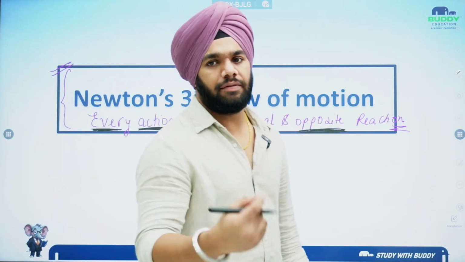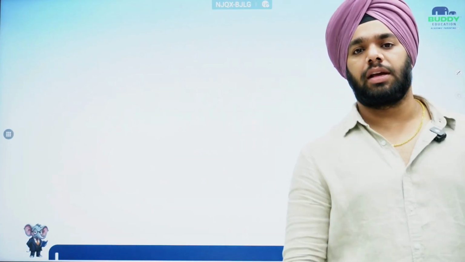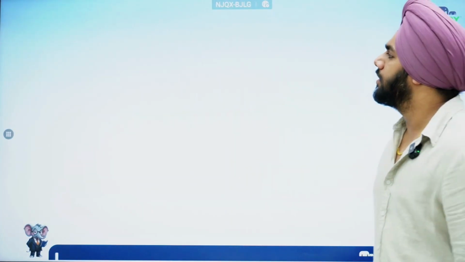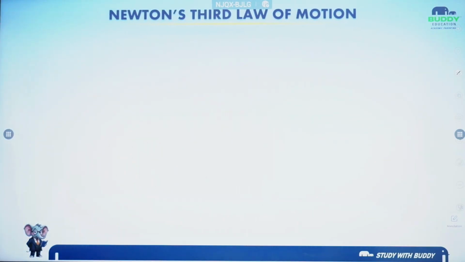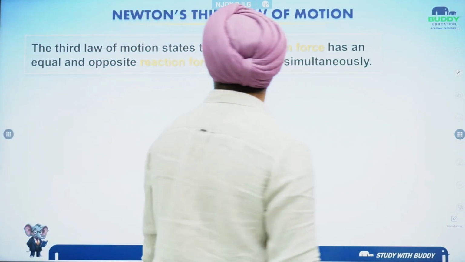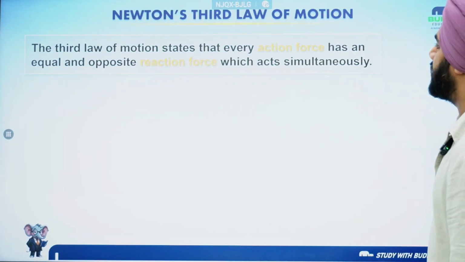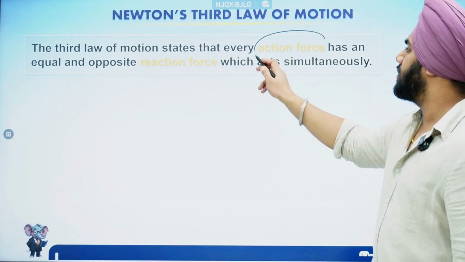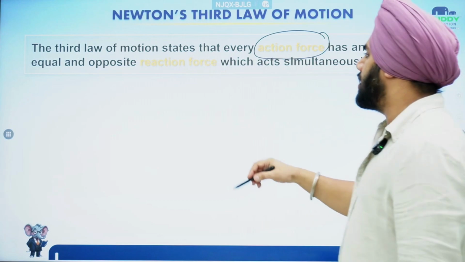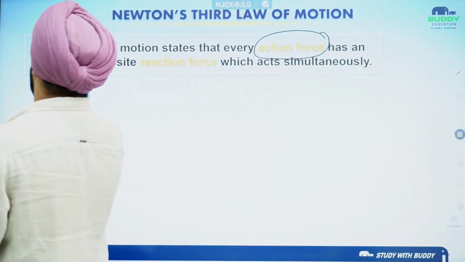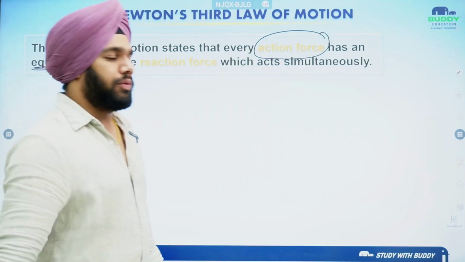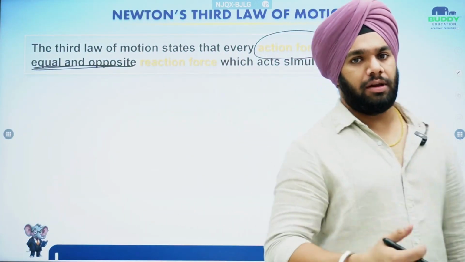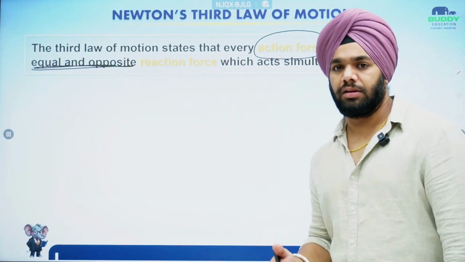Let us now study Newton's third law of motion. Again, it states that every action force has an equal and opposite reaction force. Now we'll discuss this law with examples, and then we'll realize how things are.